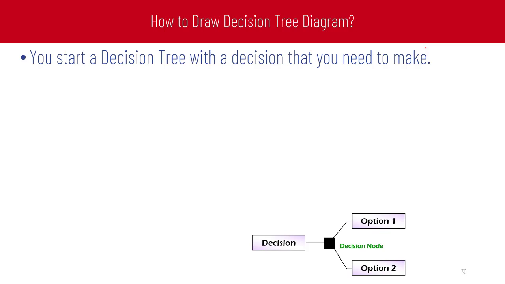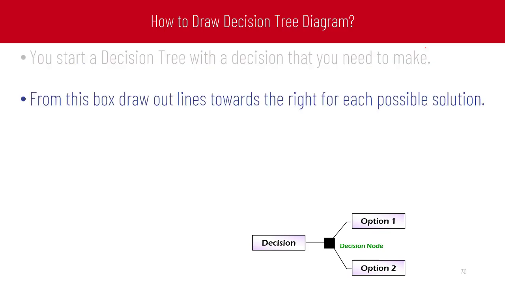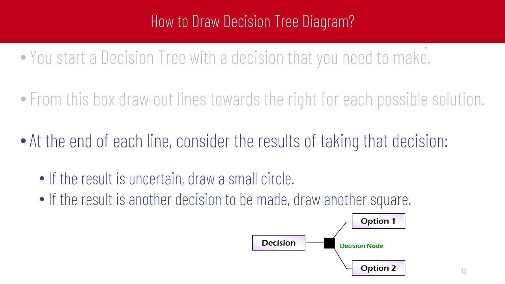How to draw the decision tree diagram? As we explained in the previous diagram, you start a decision tree with a decision that you need to make. From this box, draw outlines toward the right for each possible solution. At the end of each line, consider the result of taking that decision. If the result is uncertain, draw a small circle.